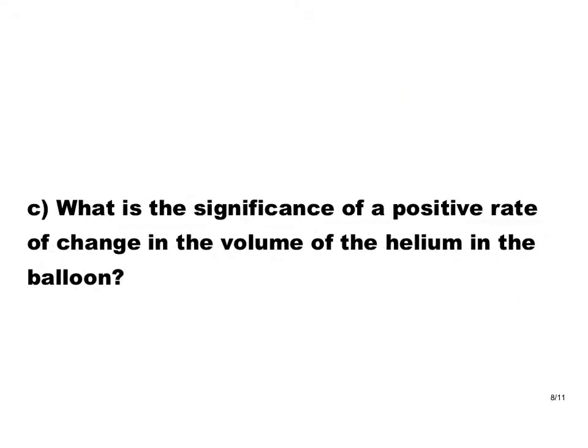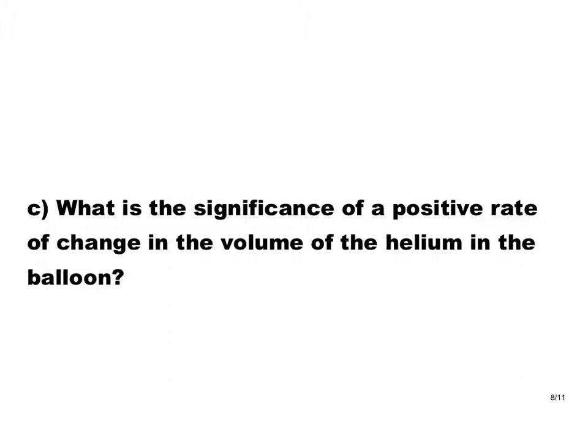The next question is, what is the significance of a positive rate of change in volume of the helium in the balloon? The sign of the rate of change tells us how the variable is changing. In this case, because it's positive, this means that the volume of the helium is increasing as time is going on.